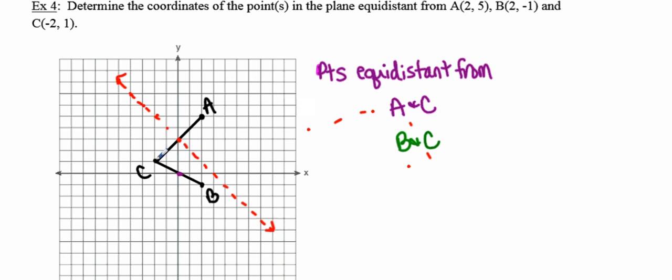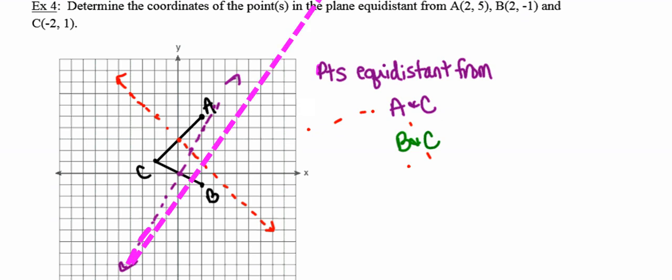The slope of this guy is negative 1/2, so the slope of its perpendicular bisector is going to have to be positive 2. So anybody on that purple locus is going to be equidistant from points B and C.